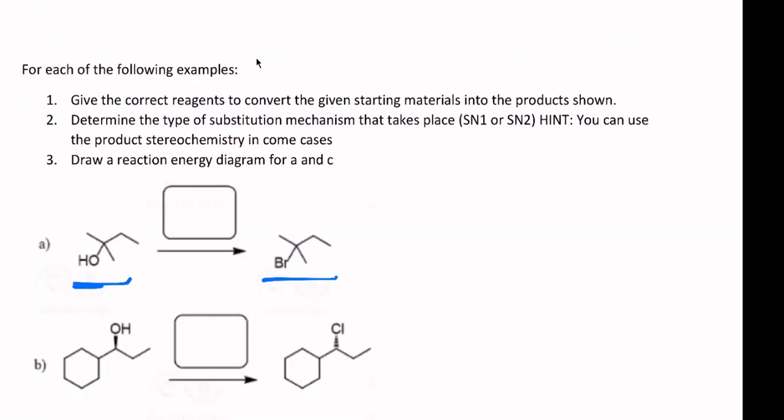Okay, so you could, but it's not the optimal reagent for tertiary alcohols. There's a reagent that we talked about that's better for tertiary alcohols than PBr3, because PBr3 is better suited for primary and secondary. That's a good answer though.